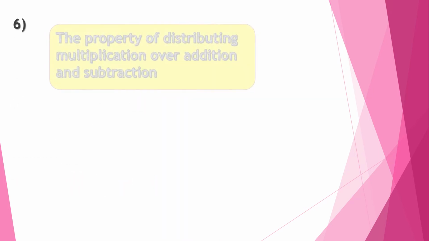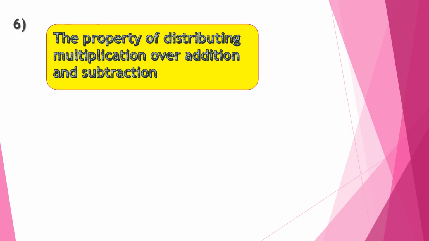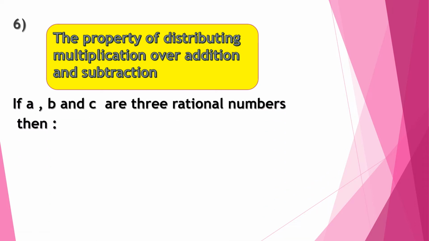Number 6, the property of distributing multiplication over addition and subtraction. If a and b and c are 3 rational numbers, then we have a outside the brackets times inside the brackets b plus c.